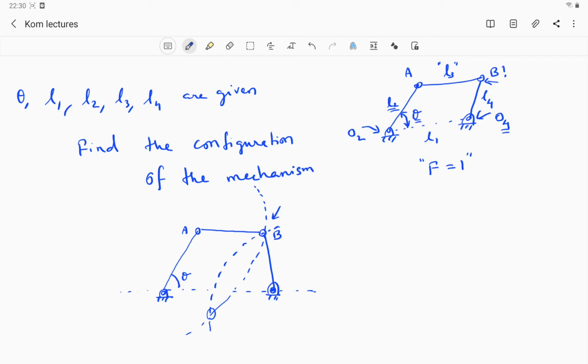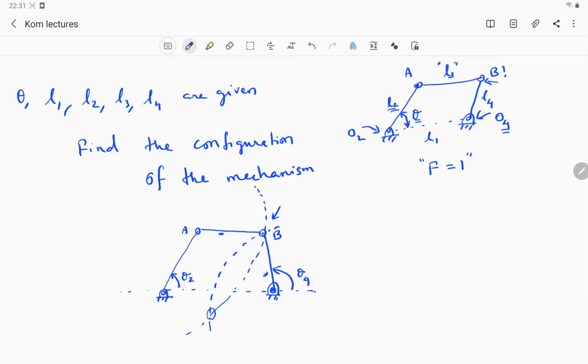Once we identify the point B, I know the orientation of link 3, and also the orientation of link 4. Let me call this theta 2 and let me call this theta 4.